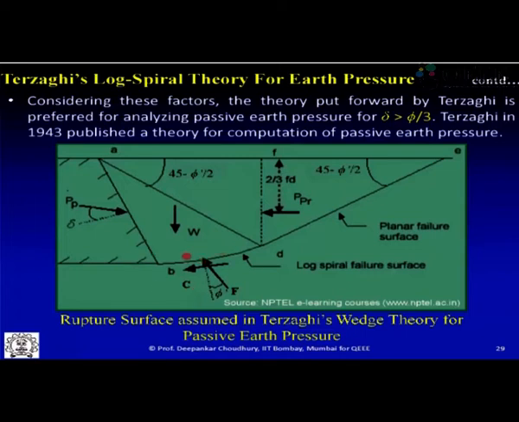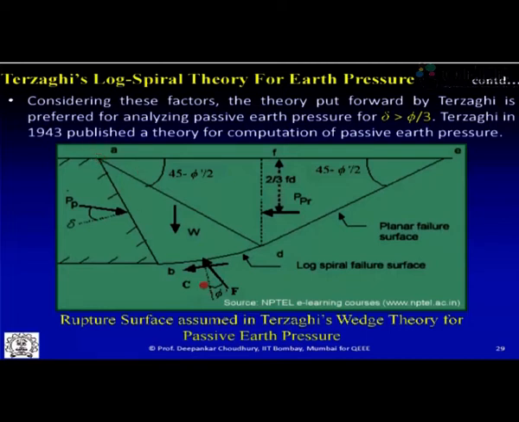And the additional advantage he got by considering the shape of a log spiral is that the resultant of any two forces acting on this log spiral will always pass through the focus of the log spiral. What does it mean? That means that force, the soil reaction force, which is an unknown parameter for us, as we saw earlier in Coulomb's analysis, will not create any moment if you consider the moment equilibrium about that focus or origin of that log spiral.